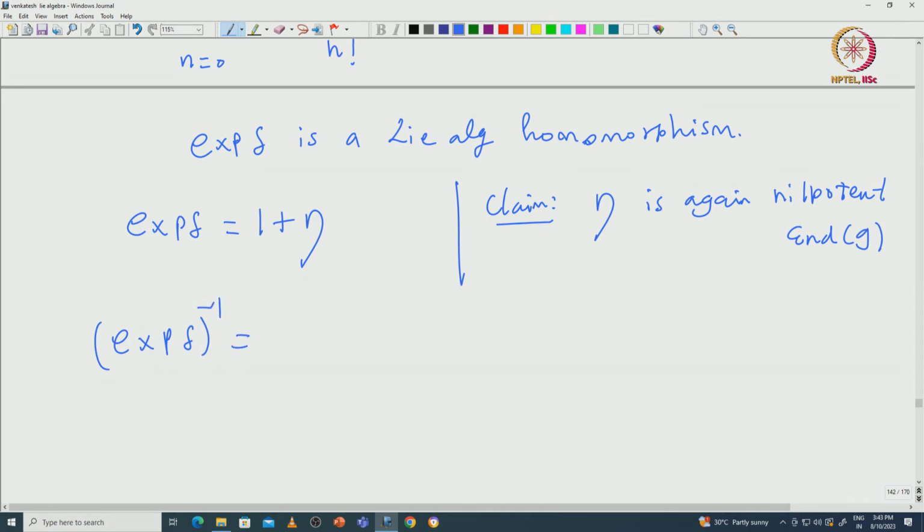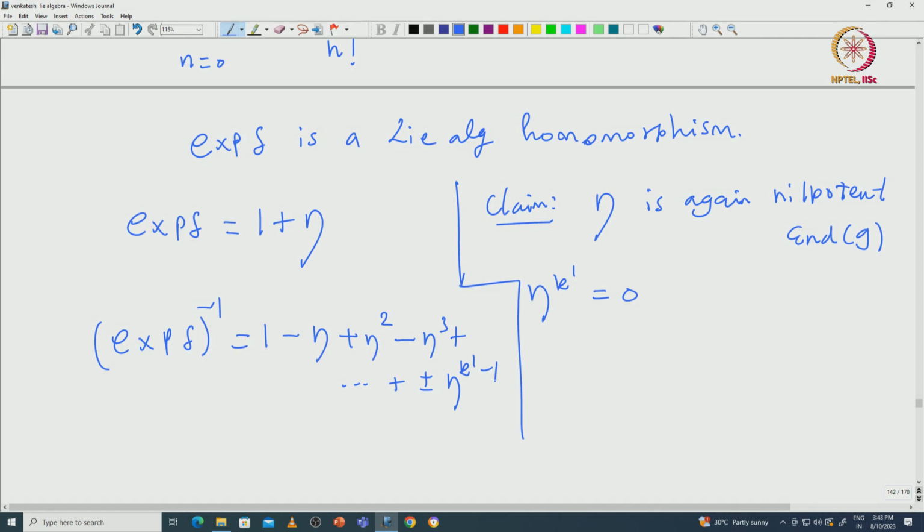Let us say eta power k dash is 0. Then exponential delta inverse is just (1 plus eta) inverse. By formula this is identity minus eta plus eta square minus eta cube plus etcetera plus or minus eta power k dash minus 1.